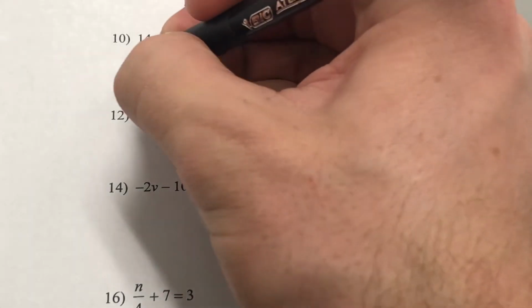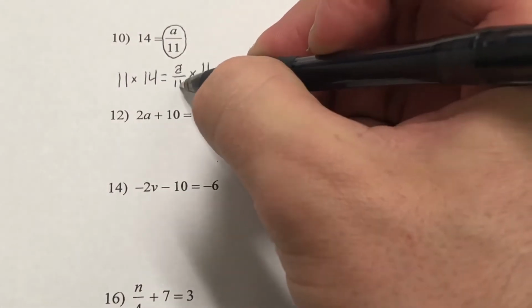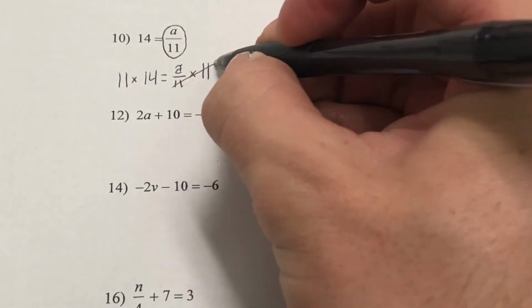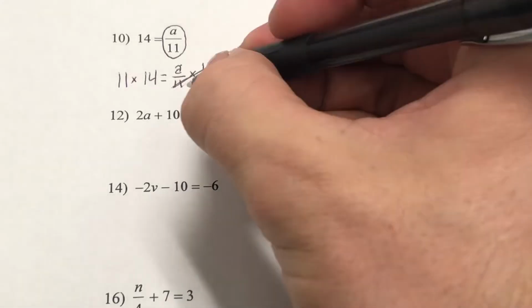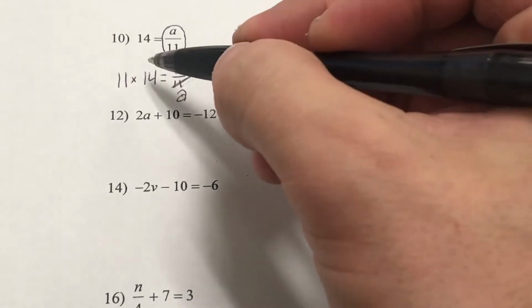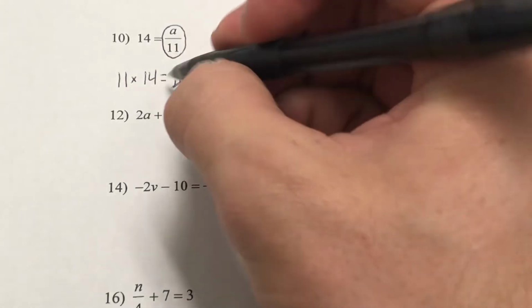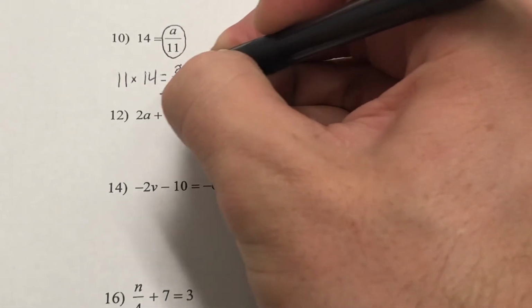But what we do to one side, we must do to the other side. A divided by 11 times 11 cancels itself out, leaving us with a. And 11 times 14 will get us 154.